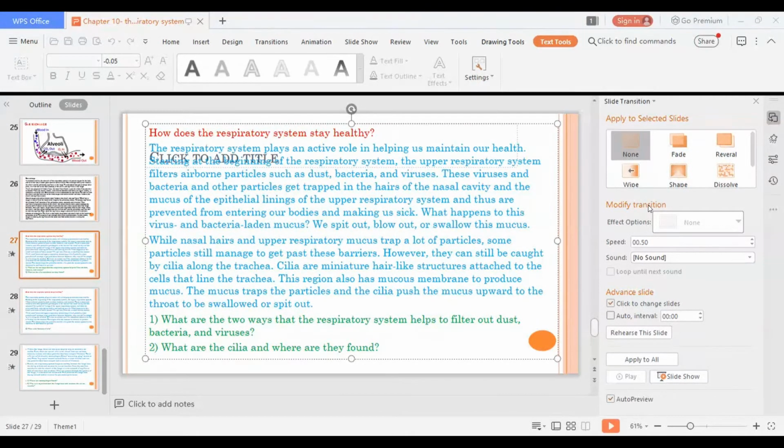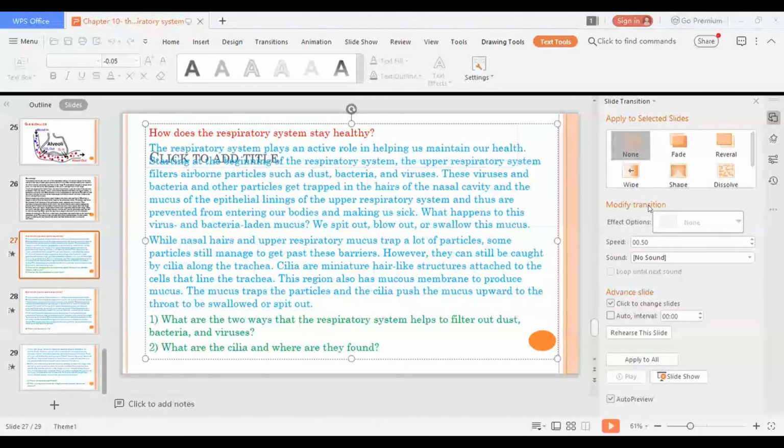So the cilia inside the cells of your trachea will help your body trap the particles too, right? So there are three ways that your body can protect itself from particles. First, the hairs of the nasal cavity will trap the particles.